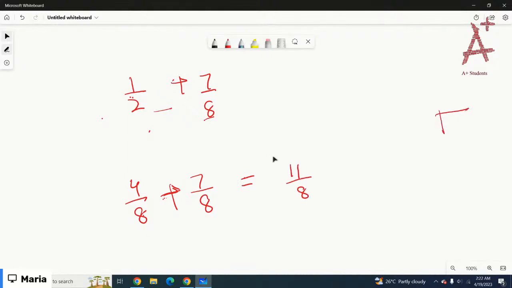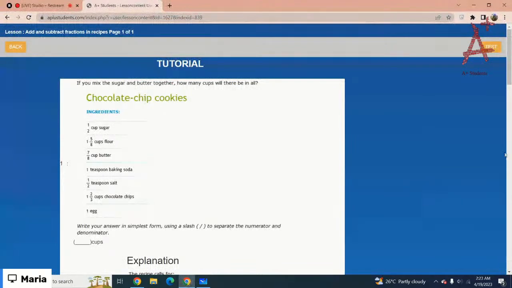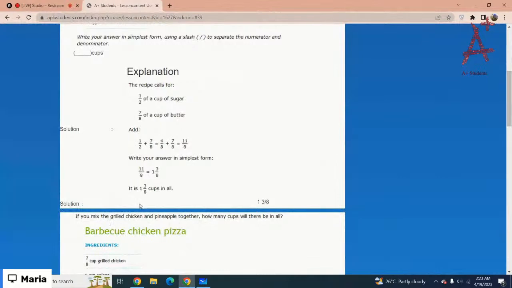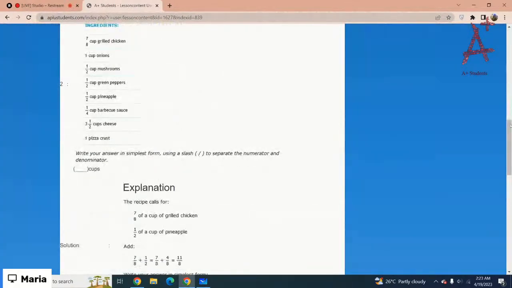So you can write the answer in mixed fraction form. 8 times 1 is 8, so here you have 3. So it would be 1 whole 3 over 8. When you add them together, they make 1 whole 3 over 8. Okay, let's start with the practice questions.